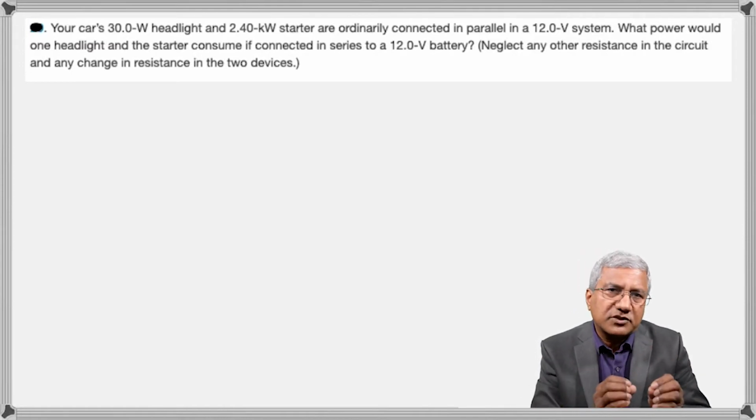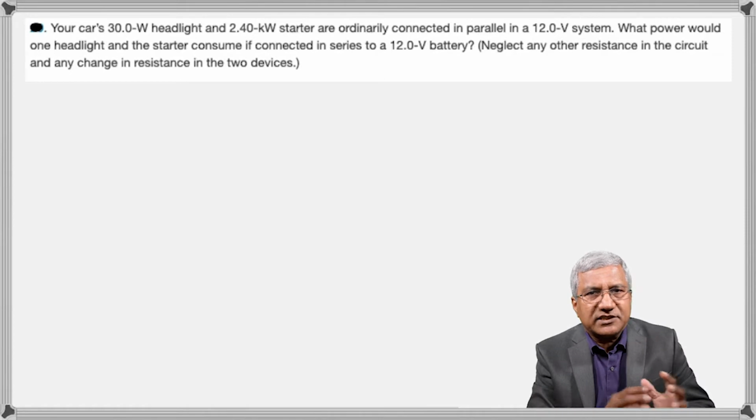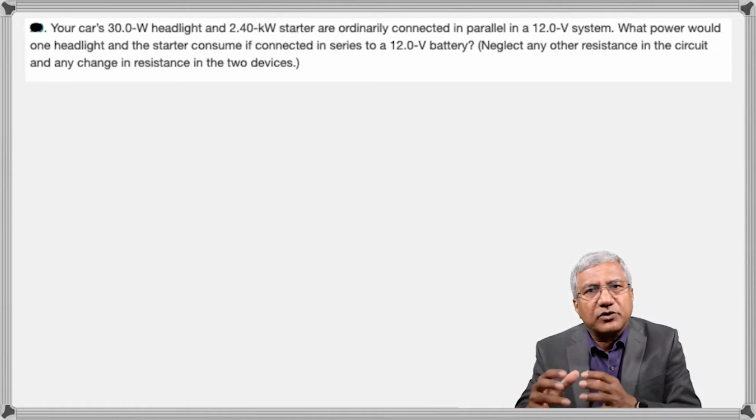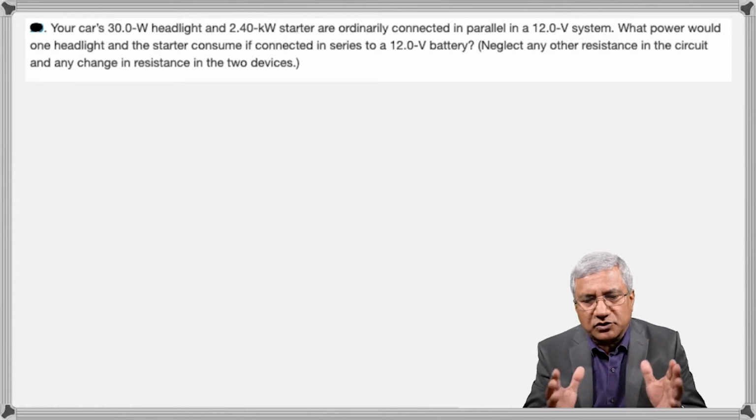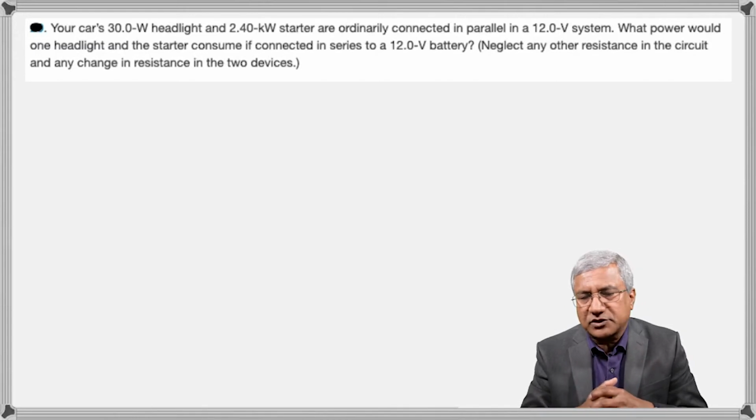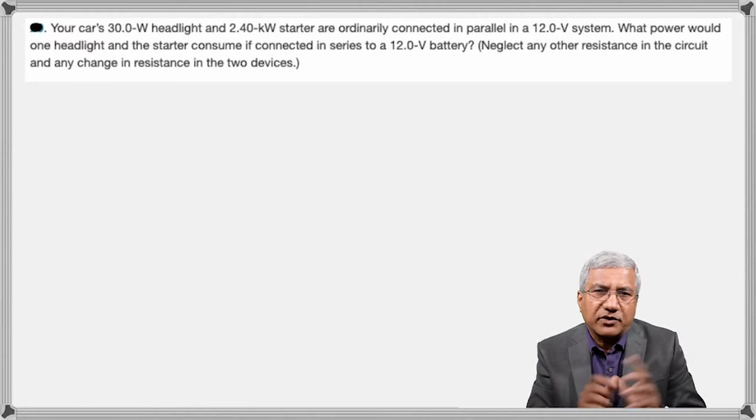So you have 2 things. You have a 30-watt headlight and you have a 2.4 kilowatt starter, both connected in parallel to this 12-volt car battery system. The question is, what power would one headlight and the starter consume if connected in series to the same 12-volt battery?